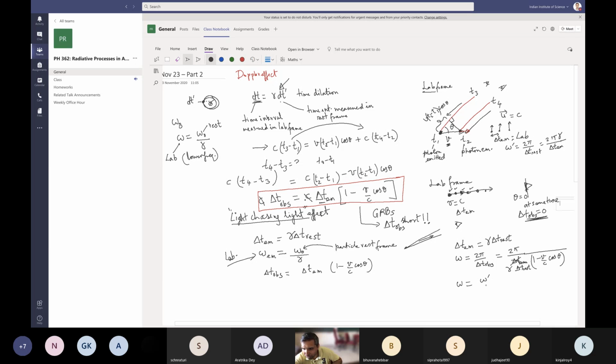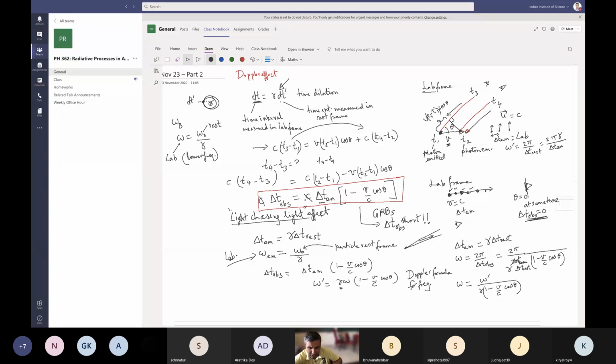So what we have is omega equals omega prime divided by gamma times 1 minus v by c cos theta. Right, so this is nothing but omega prime equals gamma omega 1 minus v by c cos theta. This looks very similar to our Lorentz transformation, right? There's a gamma here and there's 1 minus v by c. This is the Doppler formula for frequency.